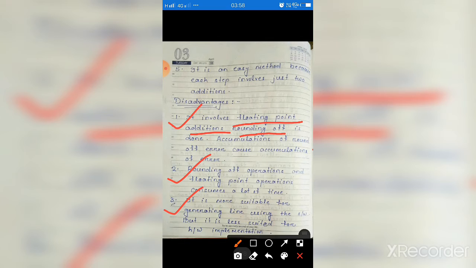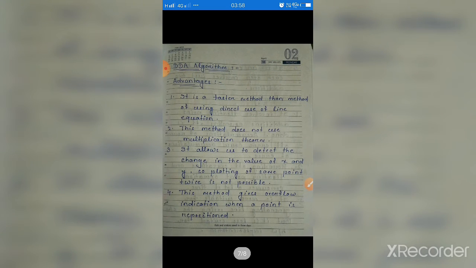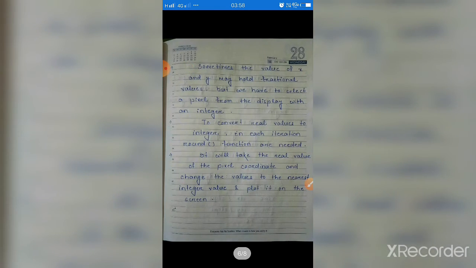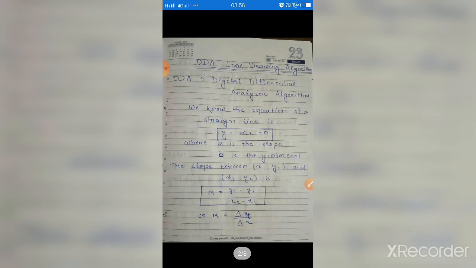Which one is covered in Bresenham's algorithm? So here are the disadvantages and advantages. Note them clearly and go through them completely.